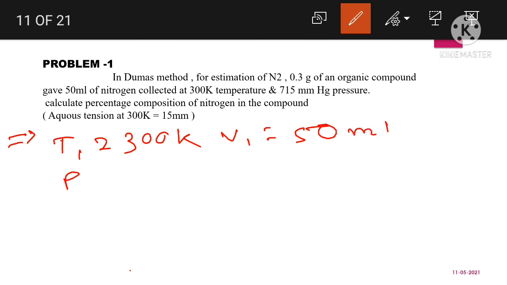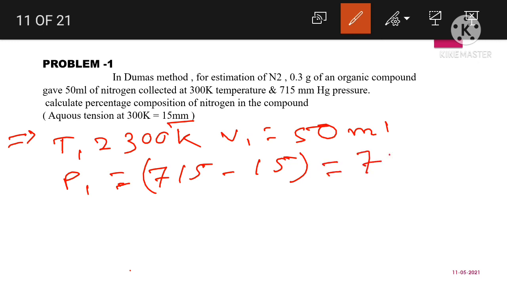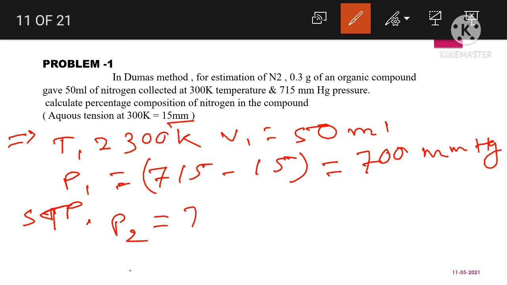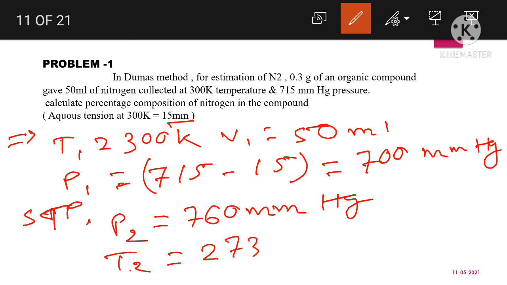P1 is 715 minus the aqueous tension of 15 millimeter Hg. We subtract this, so we get 700 millimeter Hg. At STP, P2 is equal to 760 millimeter Hg and T2 is 273 Kelvin.